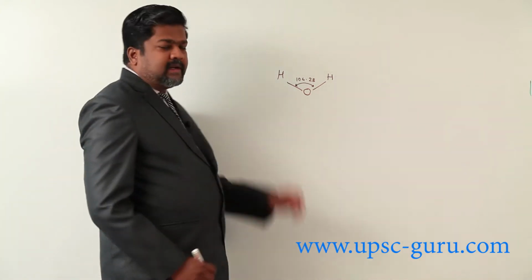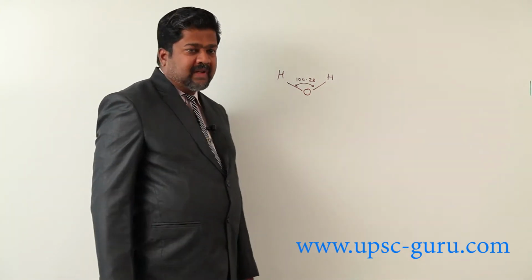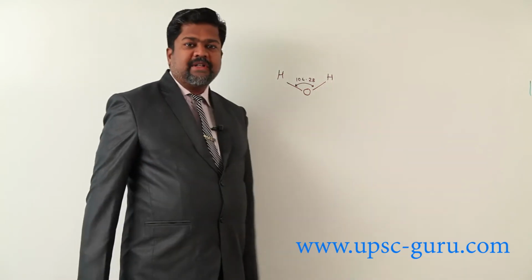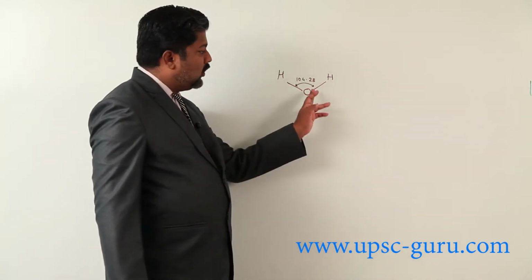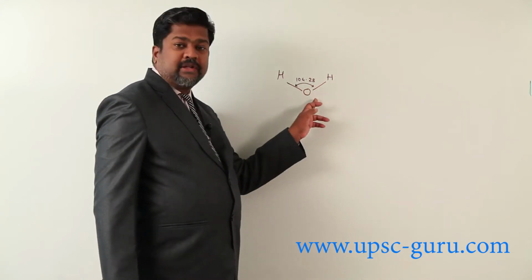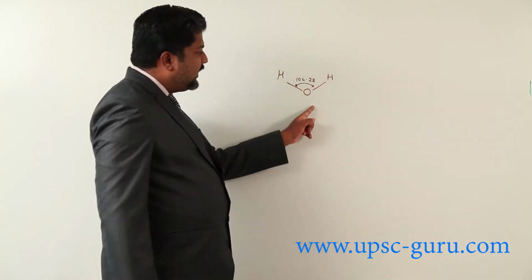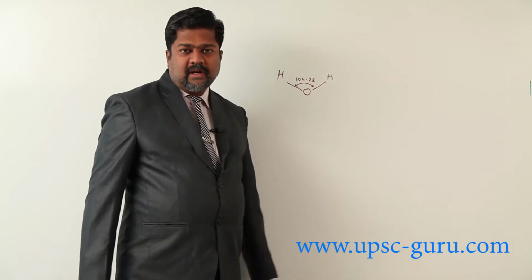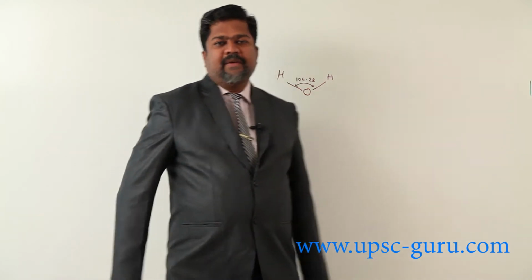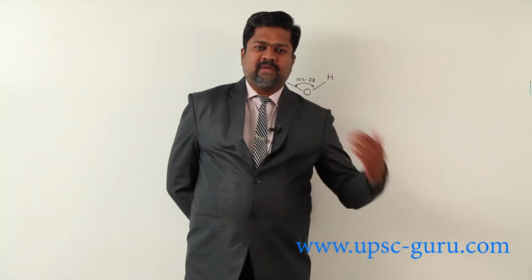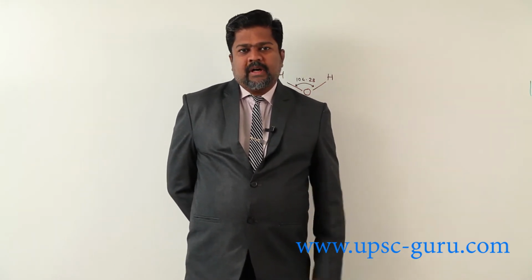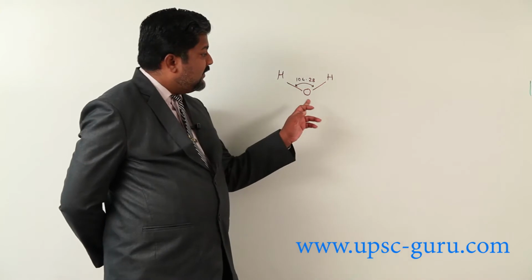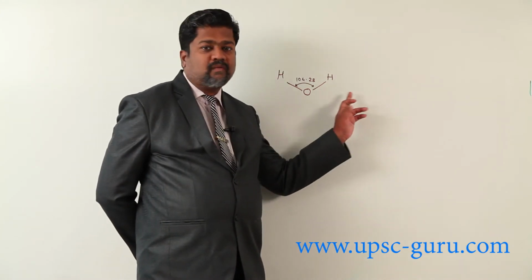Now every element has electronegativity. For example, hydrogen has a tendency to acquire electron in bonding condition from oxygen, and oxygen has a tendency to acquire electron from hydrogen. Every element has this type of tendency. In the water molecule, the oxygen atom has more tendency to acquire electron from hydrogen.